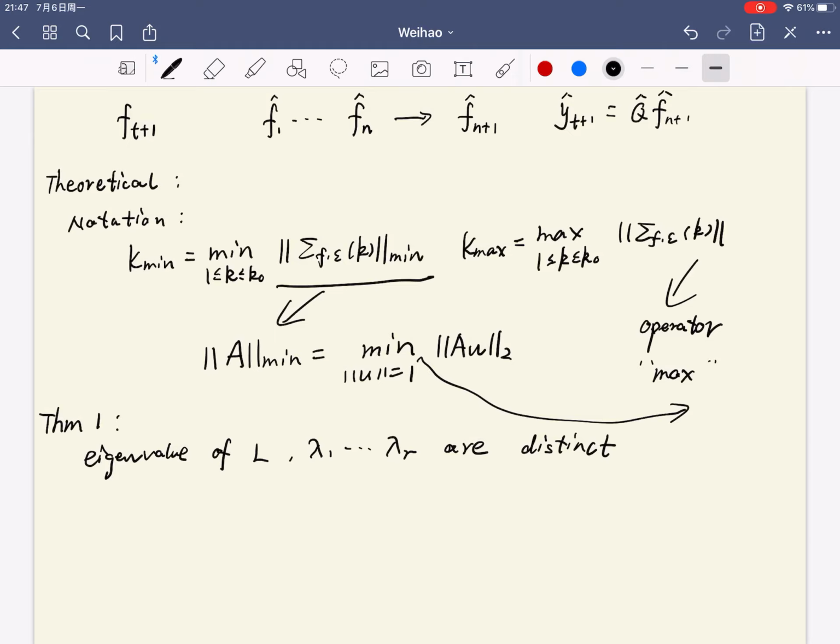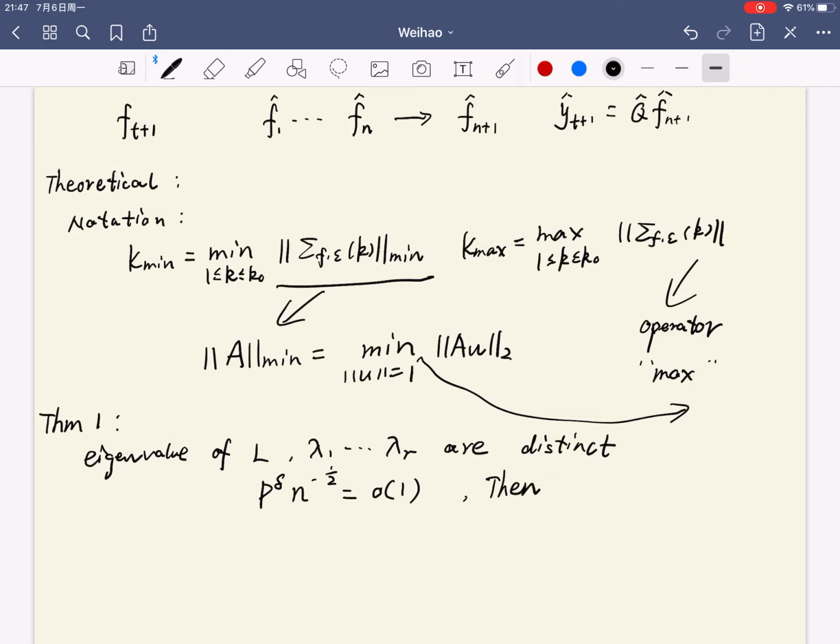And further, we assume p delta over square root n converges to 0, which is little o1.